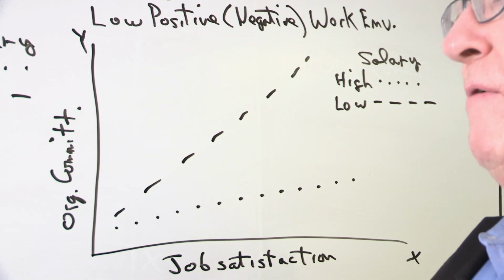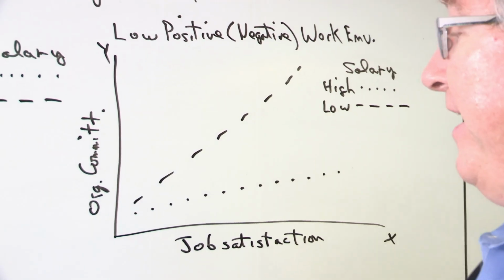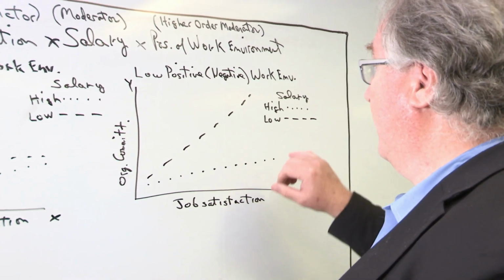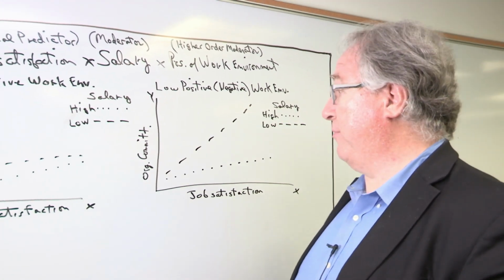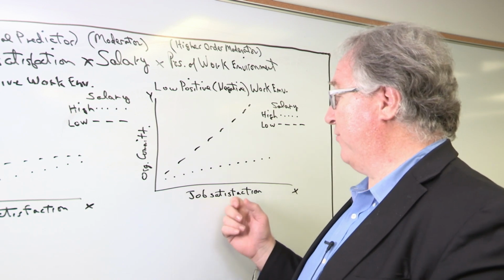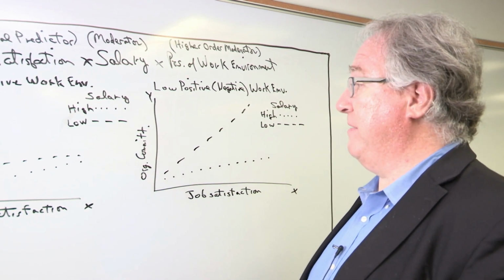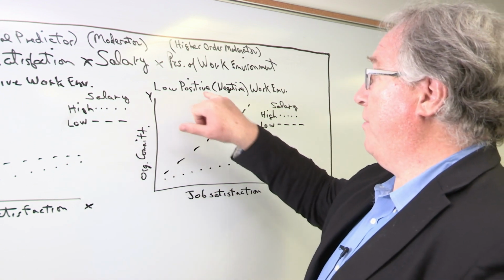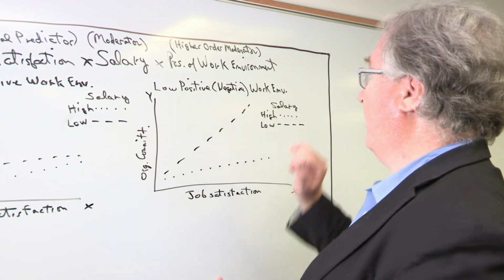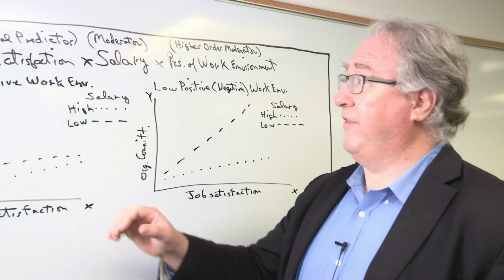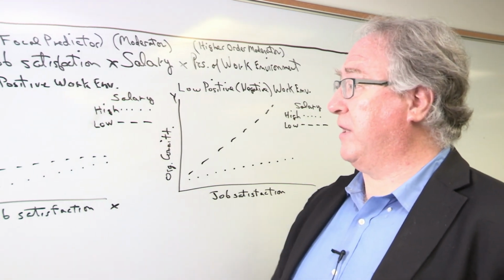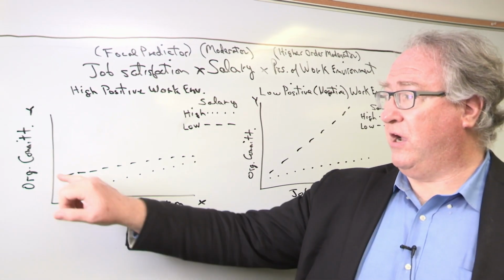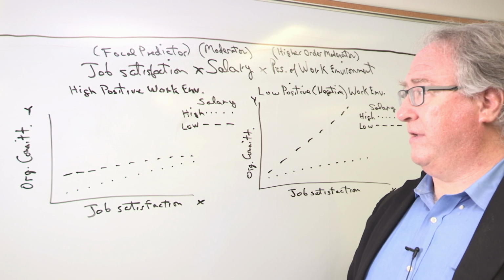Okay, so now what we're learning is that the different effects that we see between high and low salaried employees of job satisfaction on organizational commitment emerges within low positive or negative work environments. But within highly positive work environments, we don't have any effect at all of job satisfaction on organizational commitment.